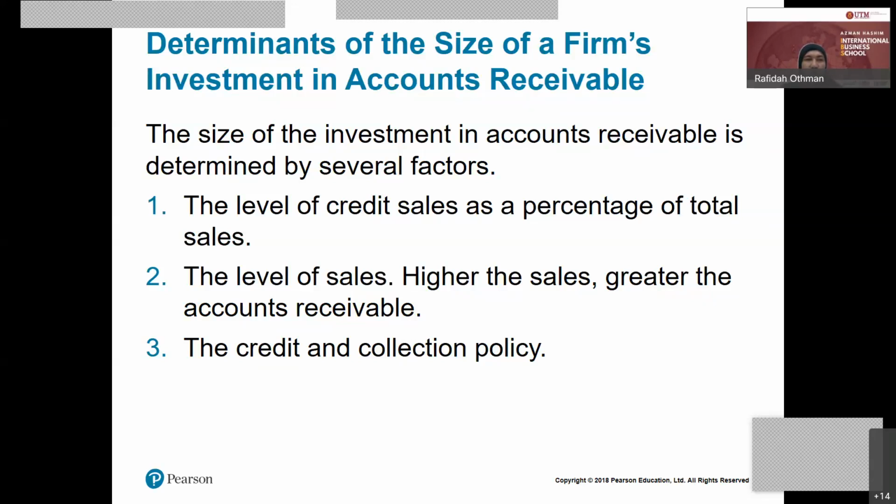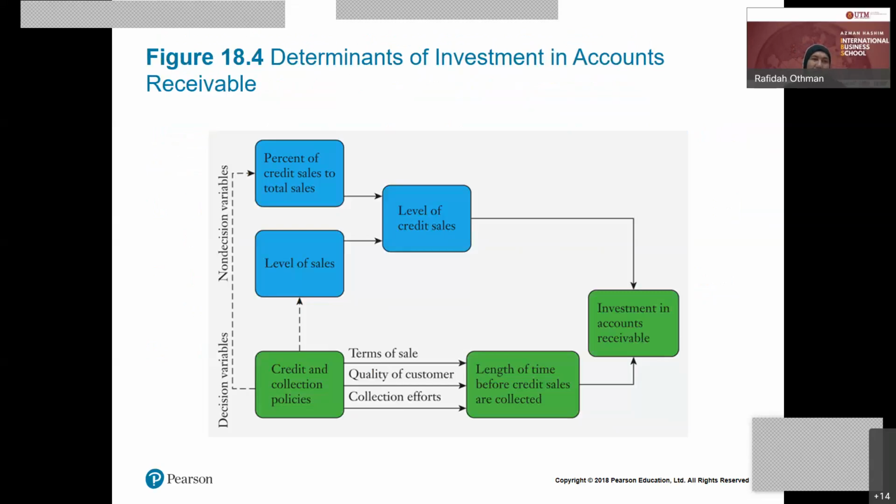The first thing is we are looking at the level of sales here. If you have a high percentage of credit sales, meaning that you have to have a high or big investment in account receivable. If your level of sales increases and the level of credit sales also increases, for instance, you have 50% cash and 50% credit.